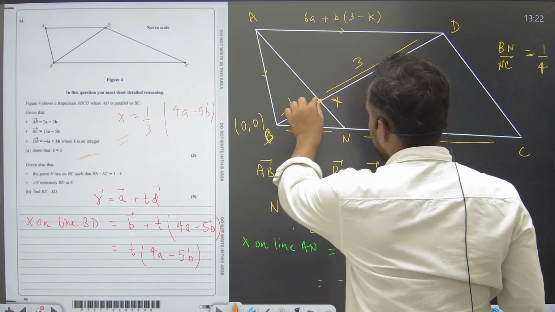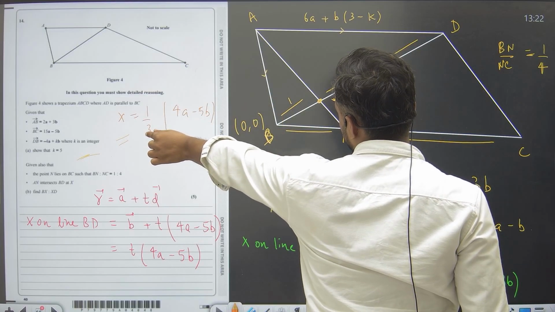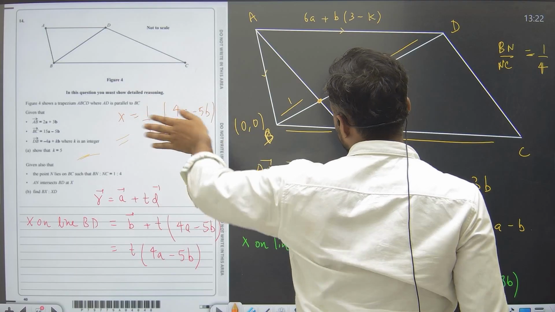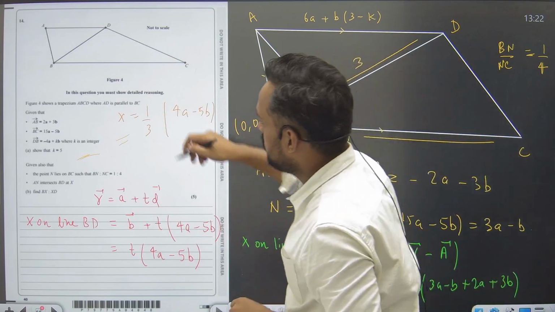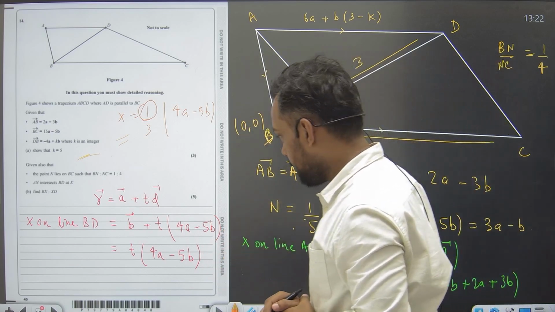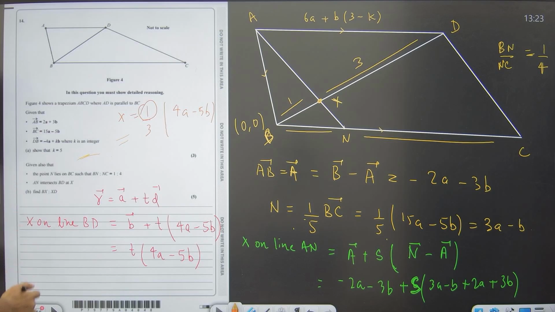So the point x on the line BD will be at the 1 by 3 point, and the total part will be 3. So the ratio BX by XD will be 1 by 3. This is the ratio, student. It was a good question, by the way.